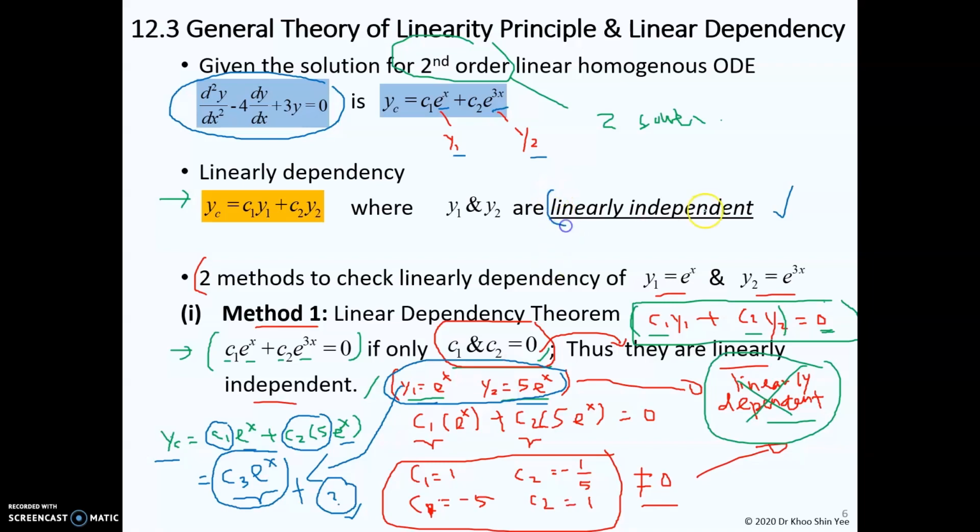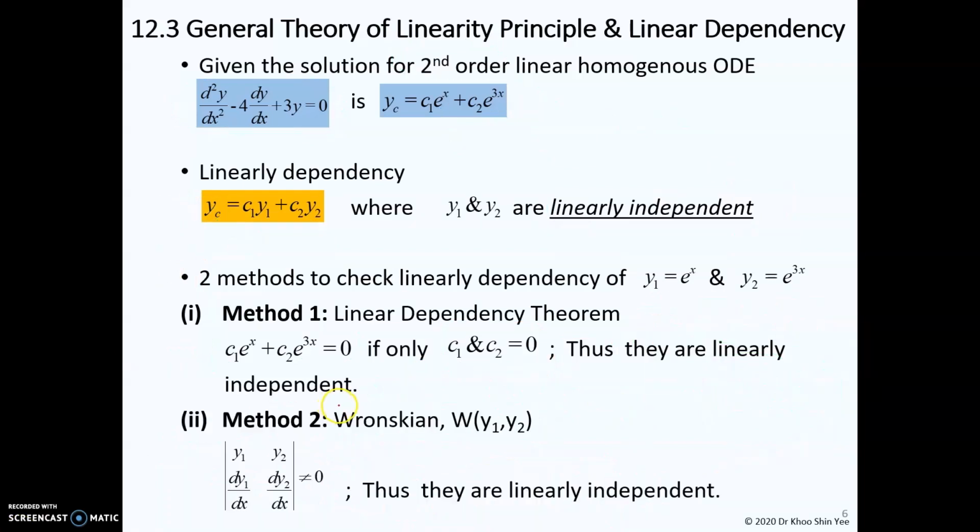So we want the solution to be linearly independent, because only by doing this do you obtain two real solutions to combine into the complementary solution. We can use the Wronskian method to check whether solution y1 and solution y2 are linearly independent or not.